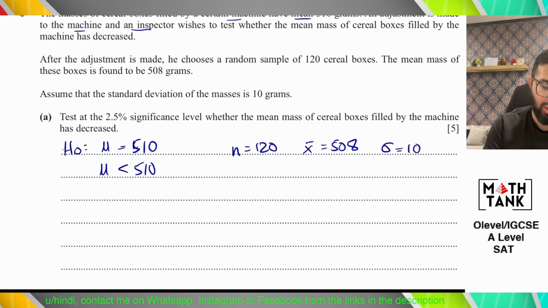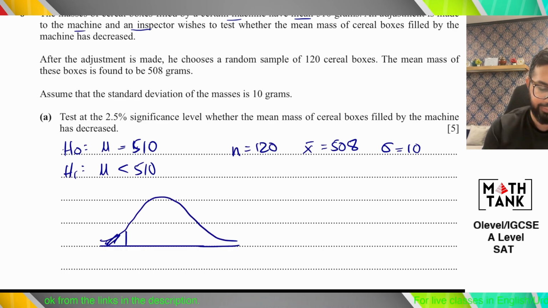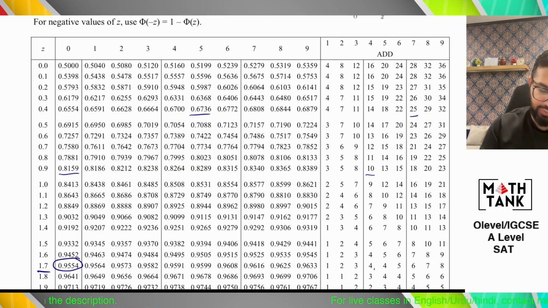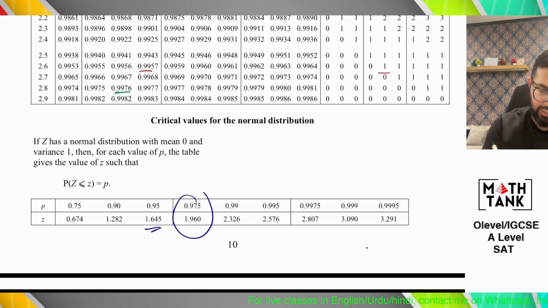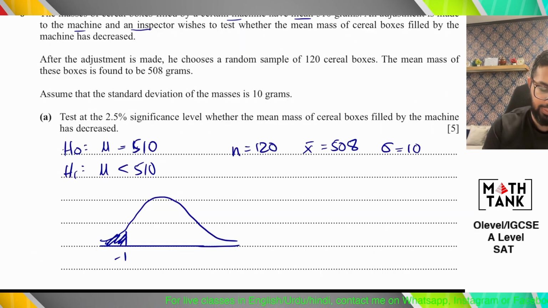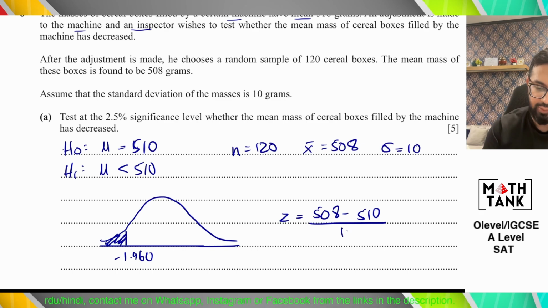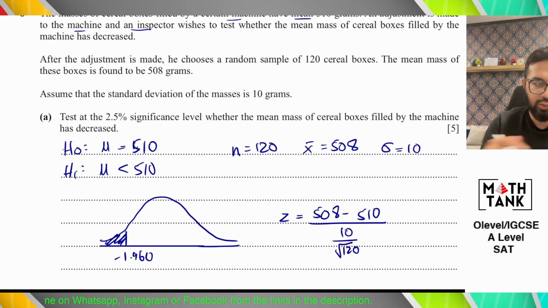So this is H0, this is H1. I will draw my critical region at 2.5% on the left hand side. The 2.5% gives me 97.5, and 97.5 is 1.960, so minus 1.960. Then the z value of the test statistic: 508 minus 510, over 10 over root 120.